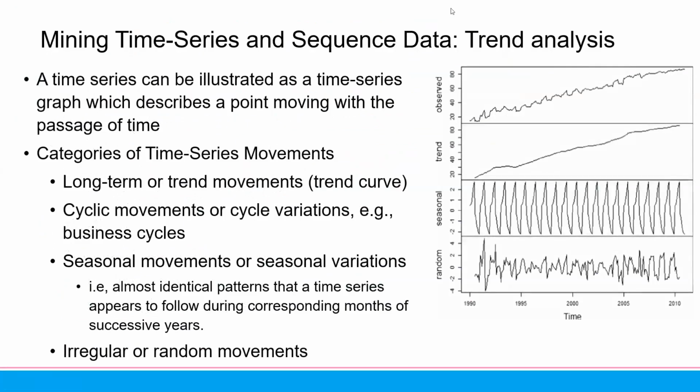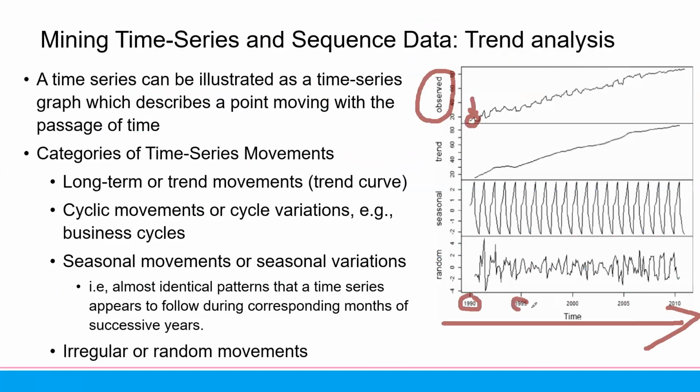A time series can be illustrated as a time series graph, which describes a point moving with the passage of time. So if we have data like this, this is the observation data, and this is the time. In 1990, maybe this is the observation data about items, so the number of items sold is this amount.